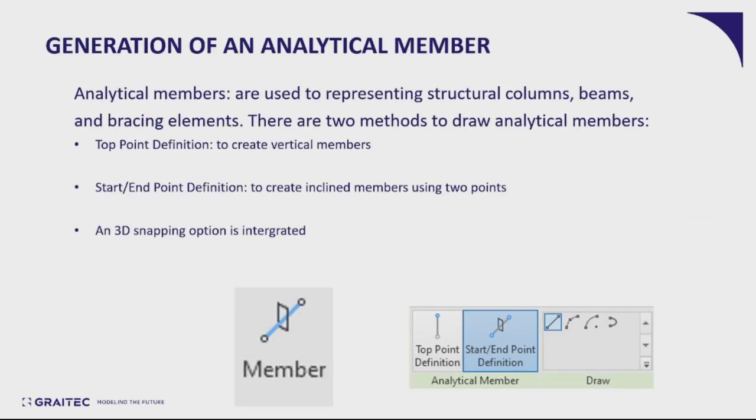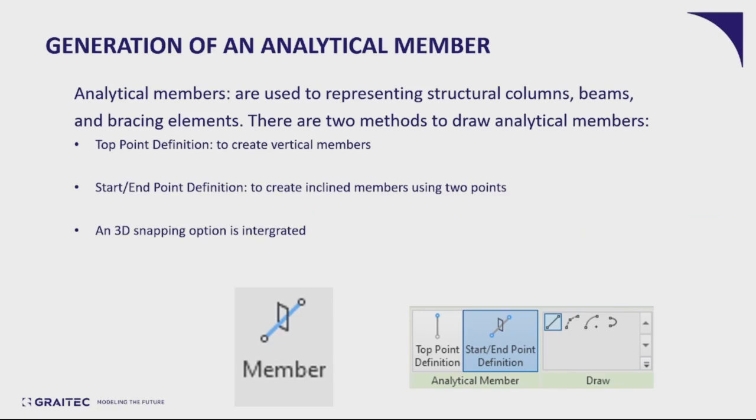Another way of creating analytical members is from scratch. So you can create analytical members such as analytical columns, beams, and bracing elements in Revit by creating the analytical member without any physical member before.